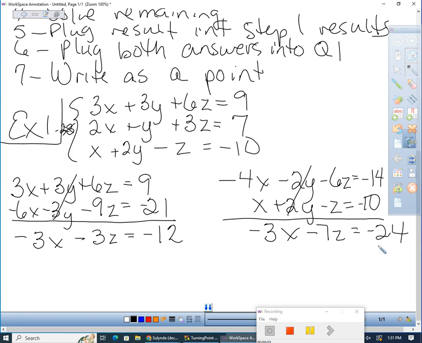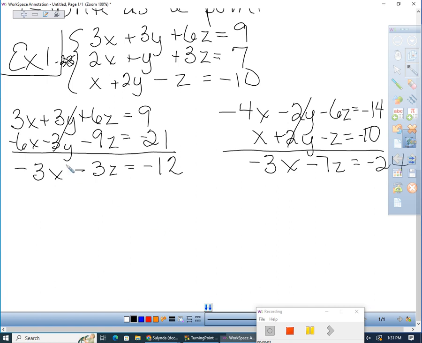So we've done steps 1 and 2. Step 3 says to take the results of step 1 and 2, put those together, and eliminate another variable. So looking at these two equations, what variable is going to be easiest to get rid of next? X. So let's multiply this one by a negative 1. And we're going to write it here in the middle. Negative 1 times 3x is positive 3x.